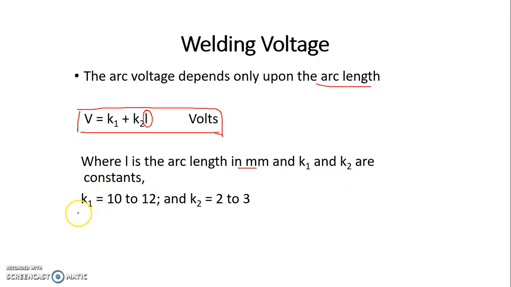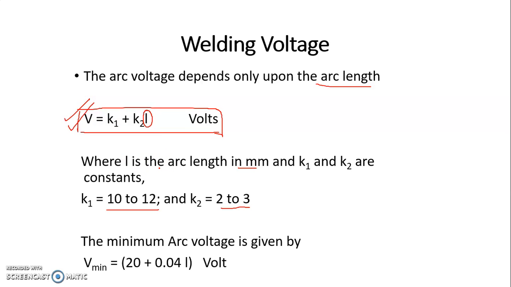The values of K1 and K2 are 10 to 12 and 2 to 3. And this is the relation for the minimum arc voltage.